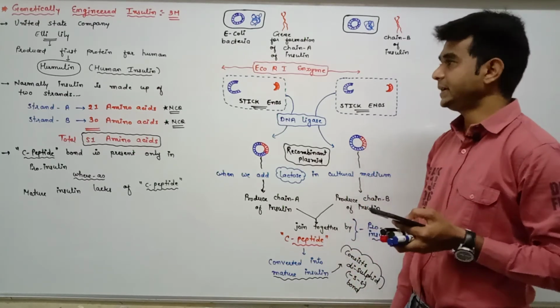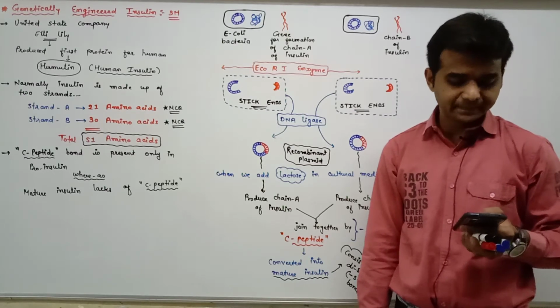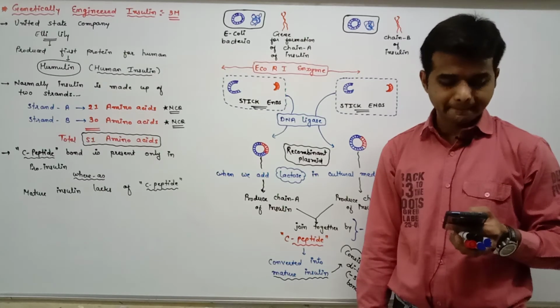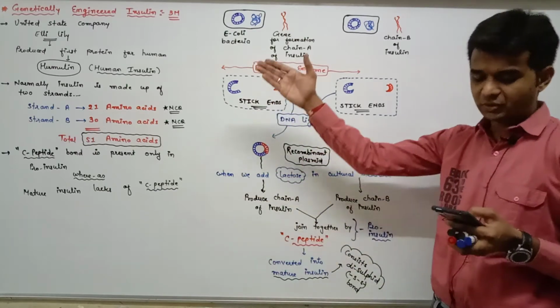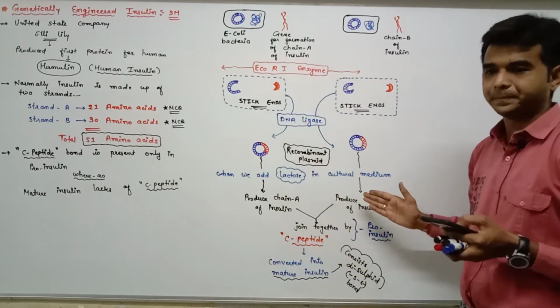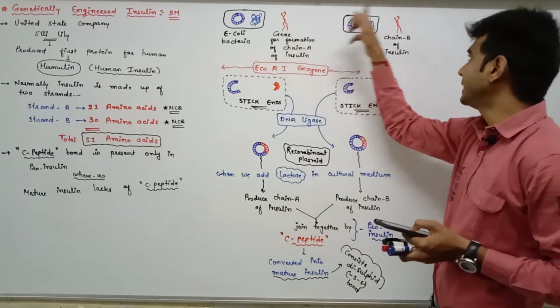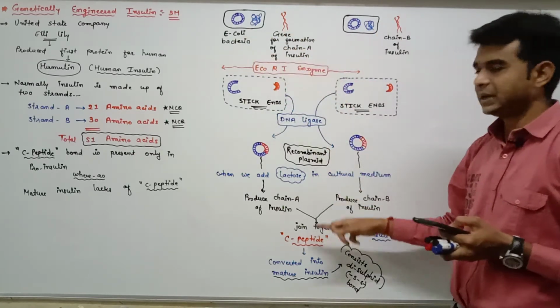In 1983, Eli Lilly, an American company, prepared two DNA sequences corresponding to A and B chains of human insulin and introduced them into the plasmid of the E. coli bacteria to produce the two strands of insulin.